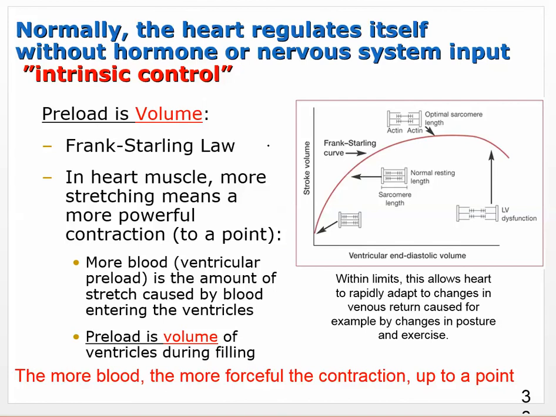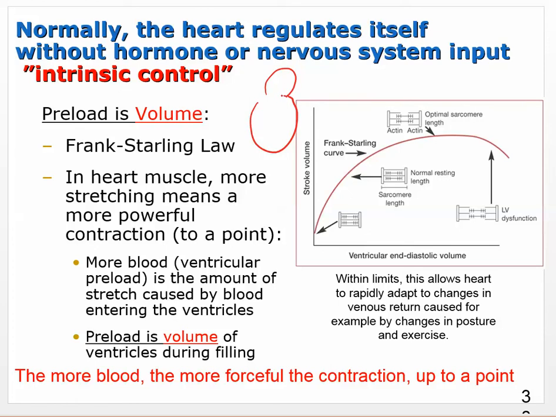Okay, so now if we understand things that are going on with the cardiac cycle and with the heart beating, there are some other things I mentioned before. One is preload and one is afterload. So let's look at this. Here's a ventricle and here's the atria.